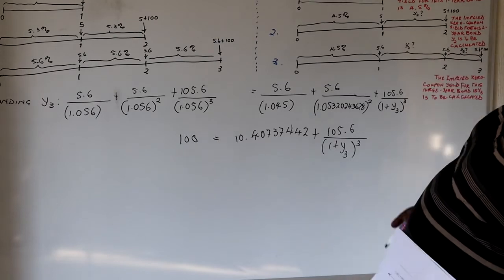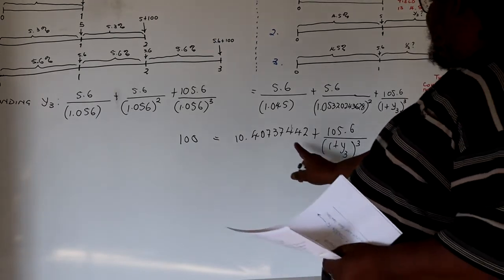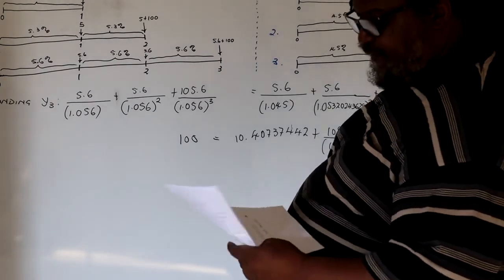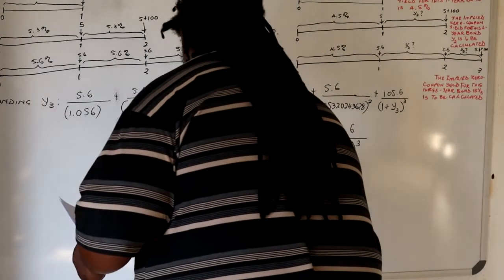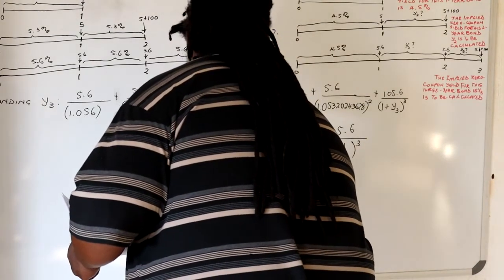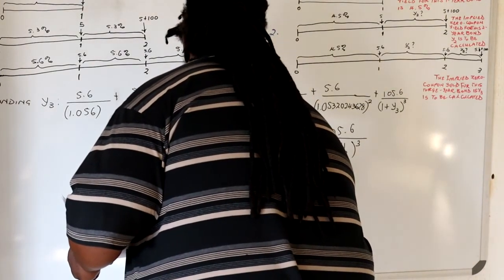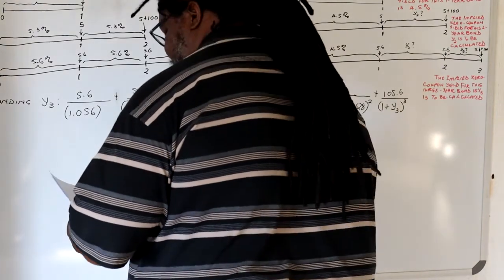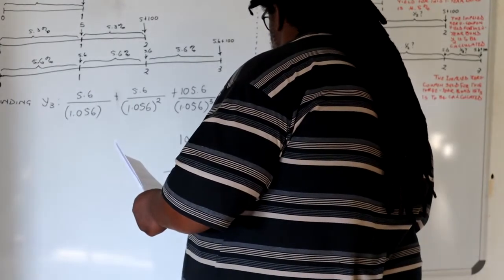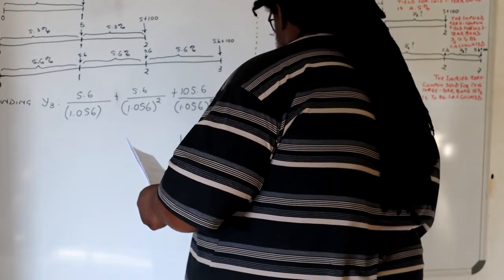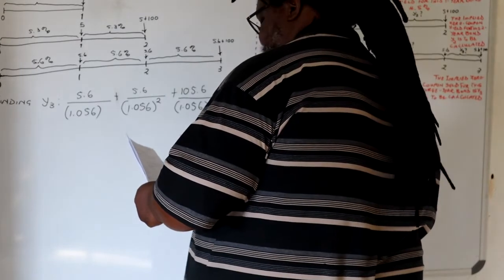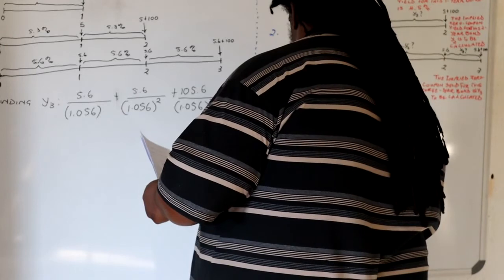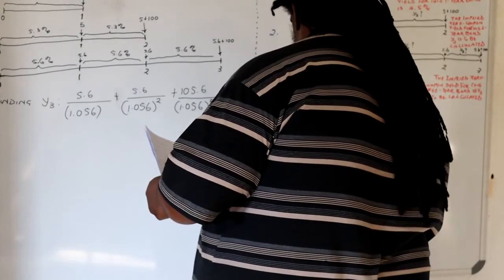So the manipulation is exactly the same as in the beginning. The 10 comes that side, it is subtracted from the 100, and we have 105 over 1 plus y3 to the power 3 is equal to 89.59262558.